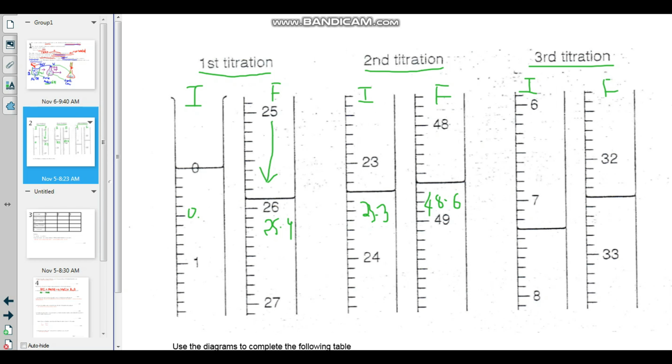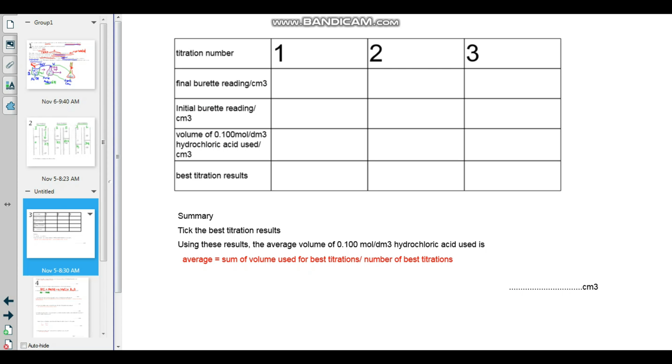And in the third titration, the initial reading is 7.3, and the final reading is 32.4. It is important that before you make these recordings, you must look at the scale and try and understand the scale. This is 0.9. Do not forget that.